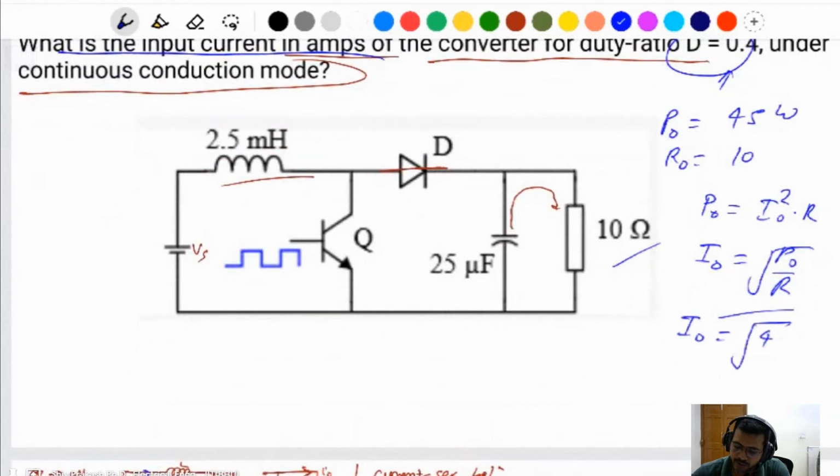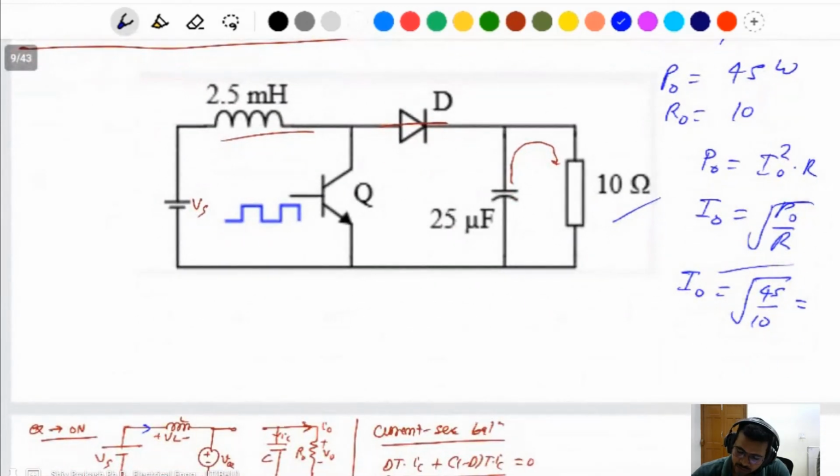Root of 45 divided by 10. If you solve this, you get the output current as 2.121 ampere.